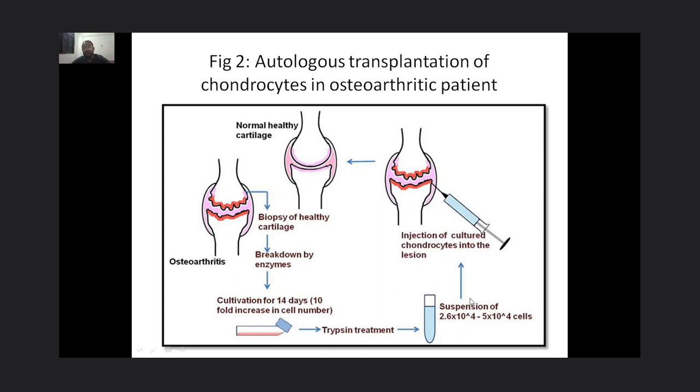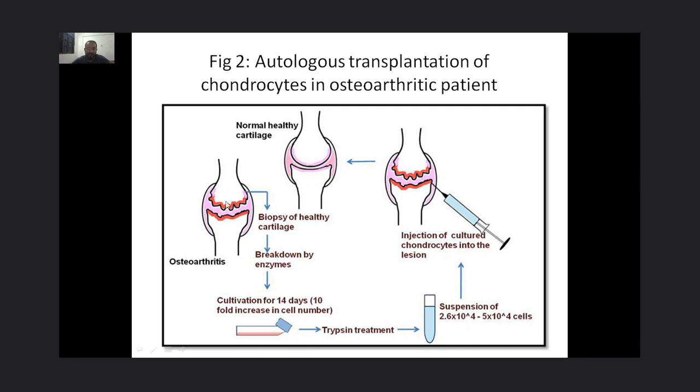Now inject these harvested chondrocytes back into the cartilage, where the damaged or deteriorated cartilage is. When you introduce them here, the cells will start growing, and finally they will give you the normal healthy cartilage.